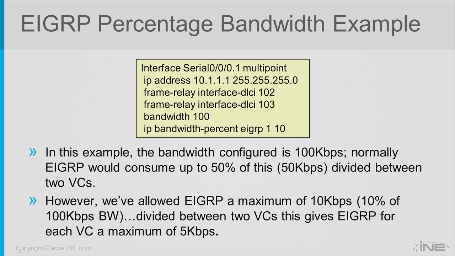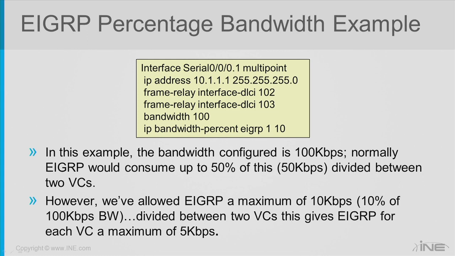One other thing I'll mention about this, you might say, well, looking at this, I've got 2 connections. I've got 2 PVCs, DLCI 102 and 103. What if I want to give EIGRP different bandwidth quantities on each PVC? In other words, what if I want DLCI 102 to have up to 200 kilobits per second allowed for EIGRP usage, and on DLCI 103 I want him to have up to 100 kilobits per second.